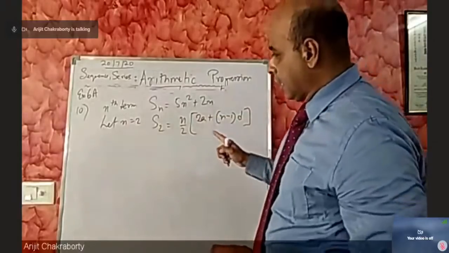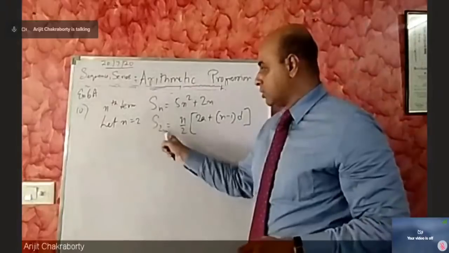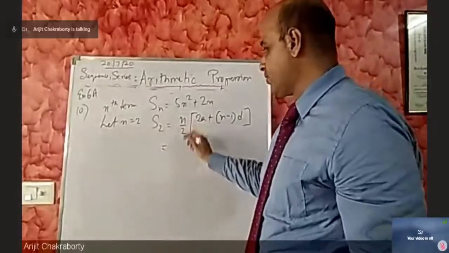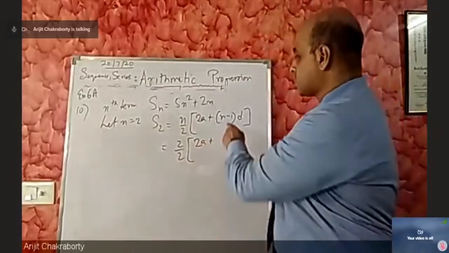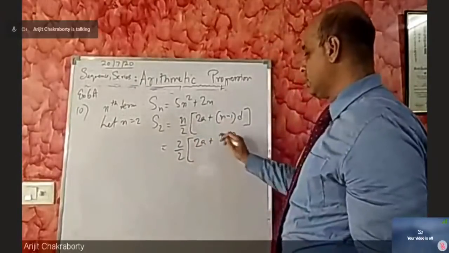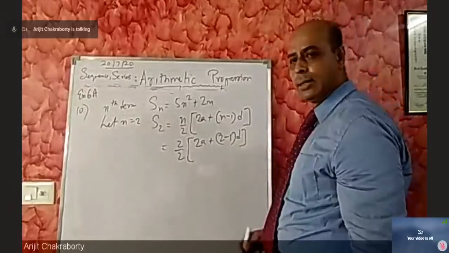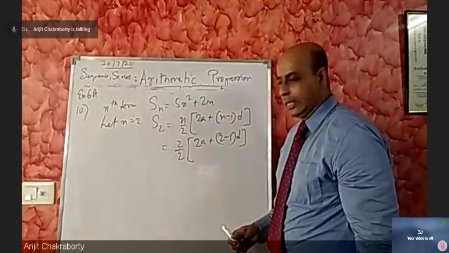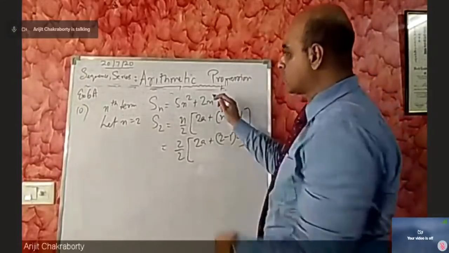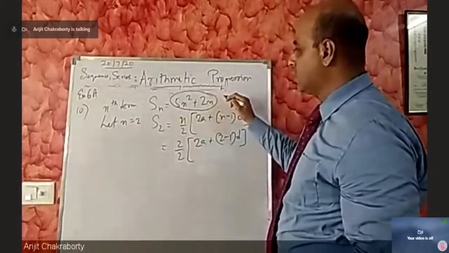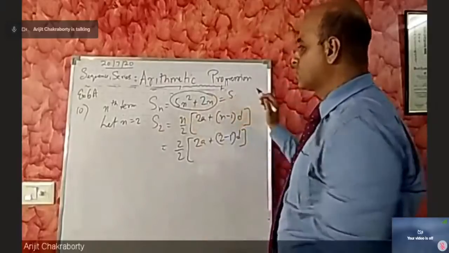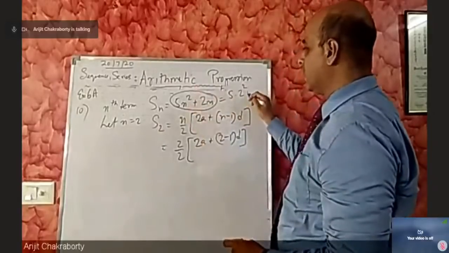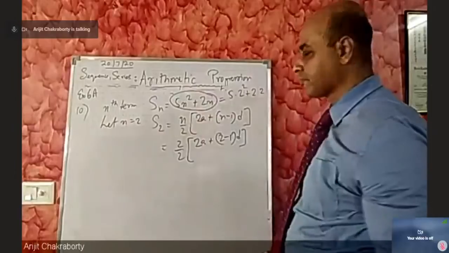For n equal to 2, what will happen? It will become 2 by 2, 2a plus 2 minus 1 into d. Please see carefully. This will be equal to this: if I put n equal to 2 here, I get 5 into 2 square plus 2 into 2.